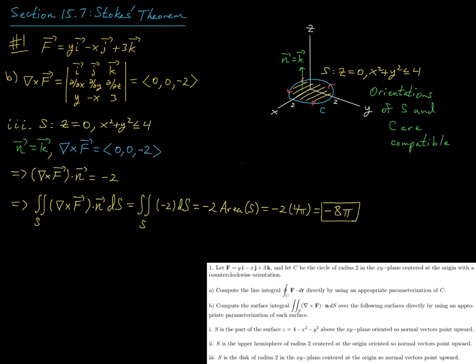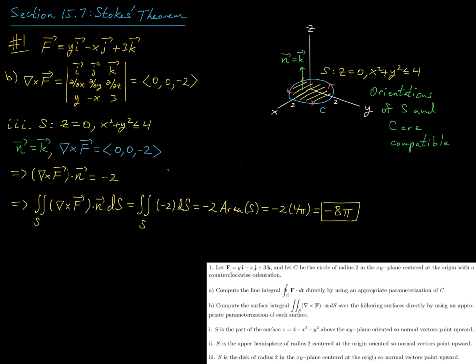If I dot these two vectors, k, remember, is just 0, 0, 1, so I'm going to get a dot product of a constant negative 2. So if I integrate this dot product over our surface, which is just this flat disk, I'm really just integrating the constant negative 2. So that's just going to be negative 2 times the area of that disk, and hey, again, I get negative 8 pi as Stokes' theorem promises, okay?